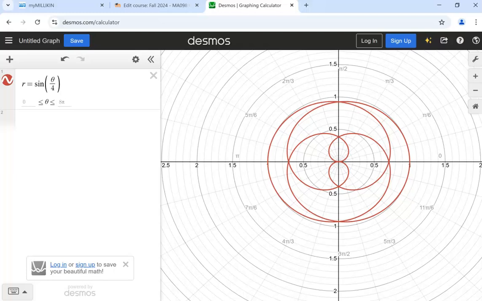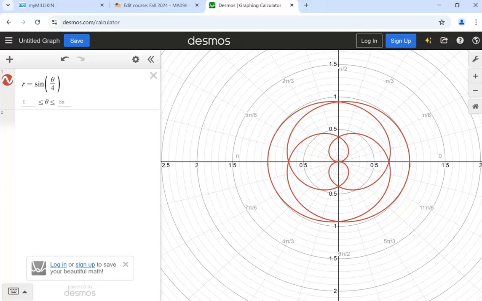Why is that? Well, what does this 4 inside do to the period? You have the constant on the inside of the function. What does it do to the period? Divide it by 4.